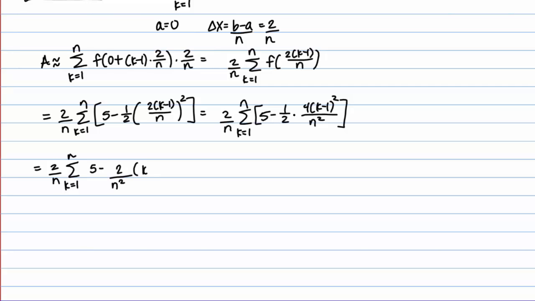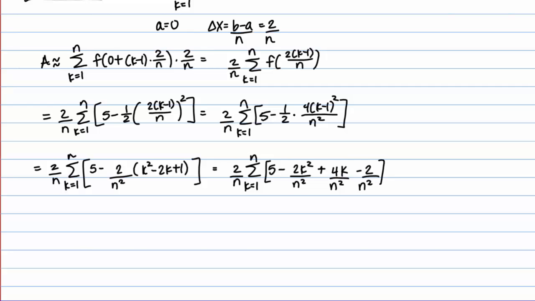It's k squared minus 2k plus 1. Okay. And I'm going to follow a similar pattern to what I've done for the other ones. I'm going to multiply this out. So 5 minus 2k squared over n squared, minus, or sorry, plus, it's minus a negative, 4k over n squared minus 2 over n squared.